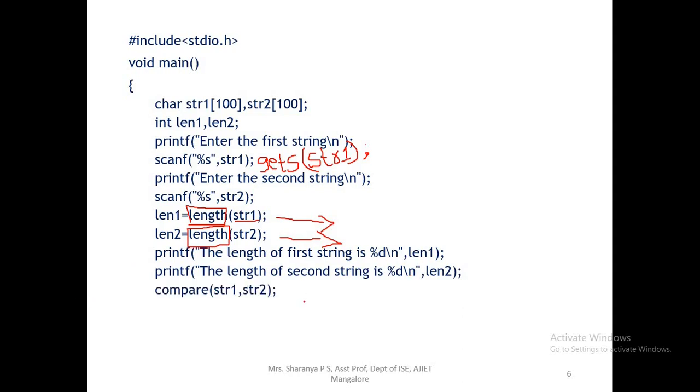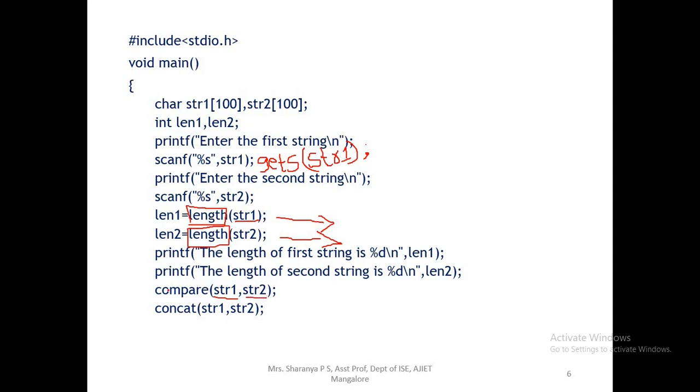The next function that we are referring to here, to compare two strings, is compare(string 1, string 2). And one more function, used to concatenate, is concatenate, and here also we are passing two parameters, string 1 and string 2. Here, what is the requirement of two strings? Because we are comparing.